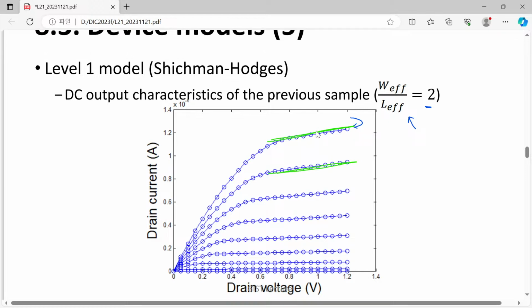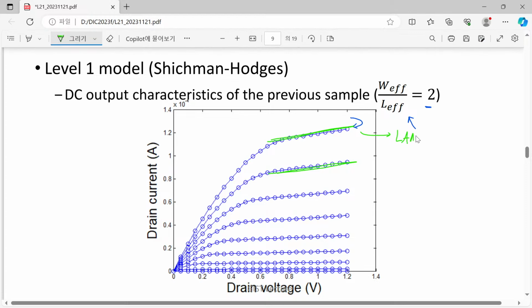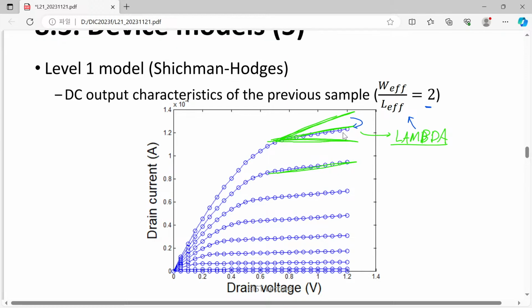So once again, this is corresponding to our lambda. If we have a higher lambda value, then we will have a steeper increase, and if we have a 0 lambda, we will have just a horizontal line. So this is the level 1 model.